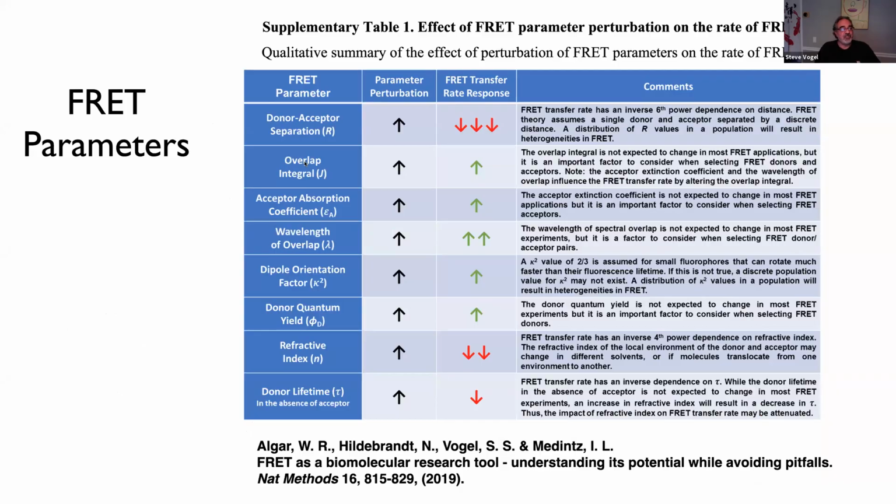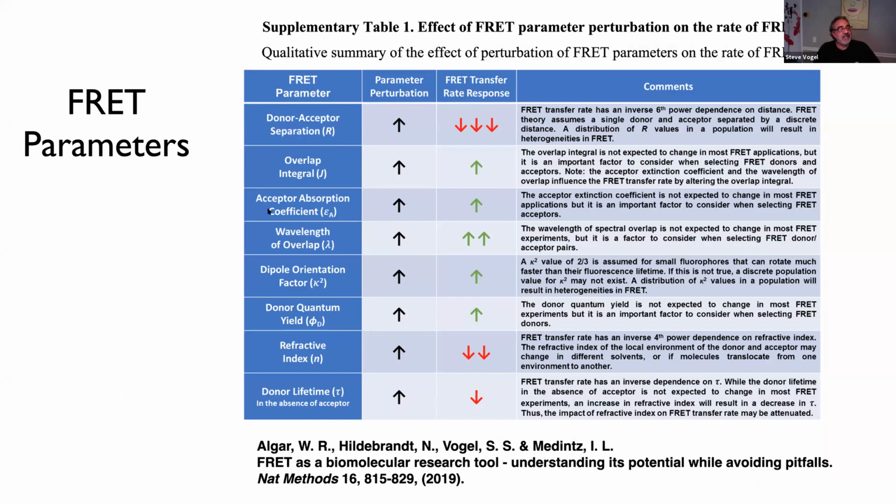So we're almost finished here. Again, interpreting FRET is challenging because there are many factors that can influence it. As biologists, we want to interpret it in terms of separation distance.